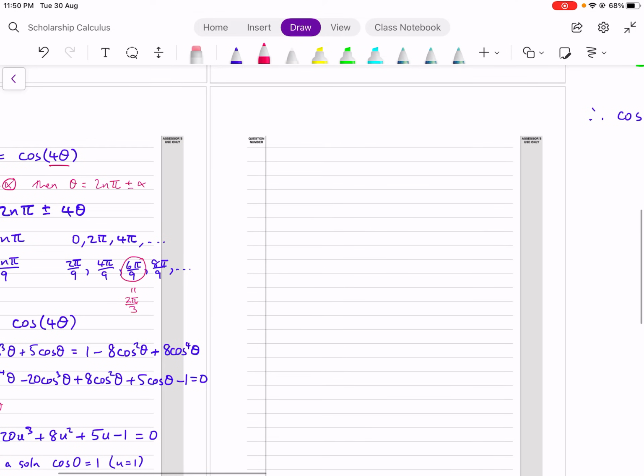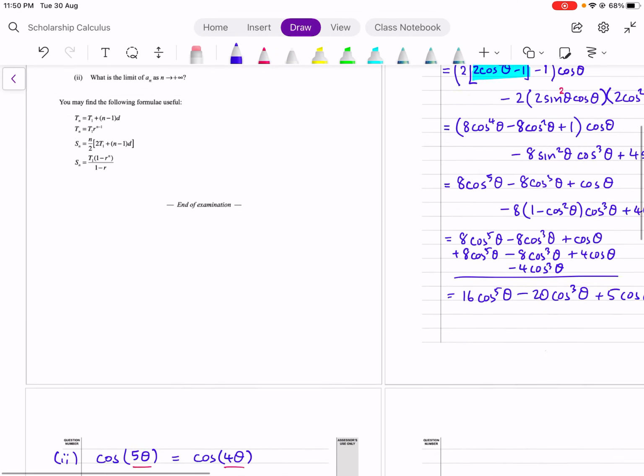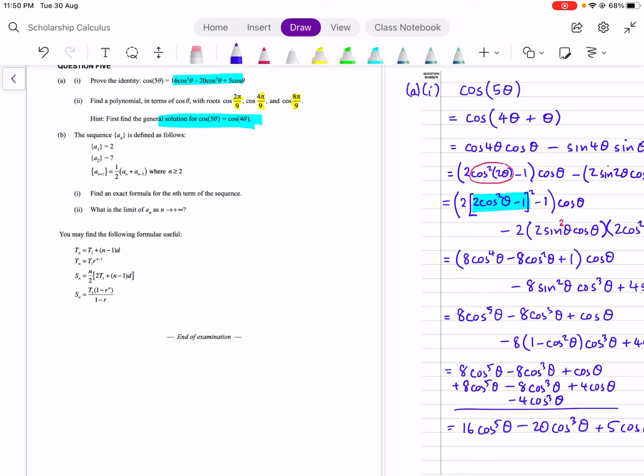Okay, then part B of this gives us an interesting sequence. And I've said in an earlier video, if you've got an unfamiliar sequence, just play around with it and see if you can spot some patterns. So we've got the first two numbers, 2 and 7, and then the next term is found by just taking a half of the sum, in other words, the average of the last two numbers.